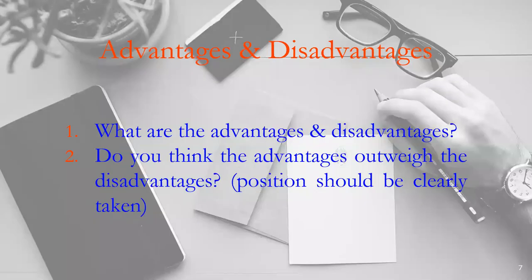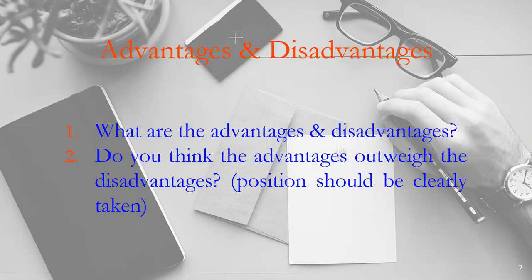Then we have advantages and disadvantages, which is the last of the five types of questions we have for writing Task 2. And these also come in two forms, either a direct, what are the advantages and disadvantages, or for you to lean towards a particular tangent.